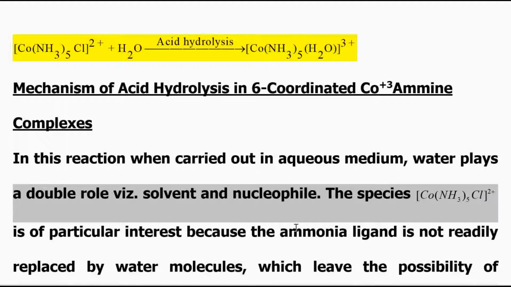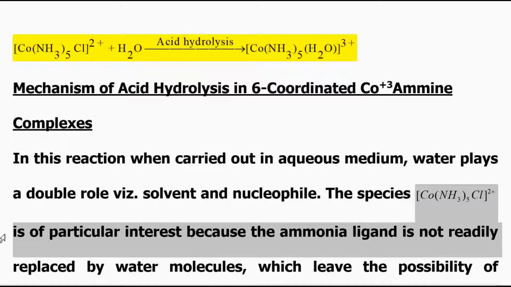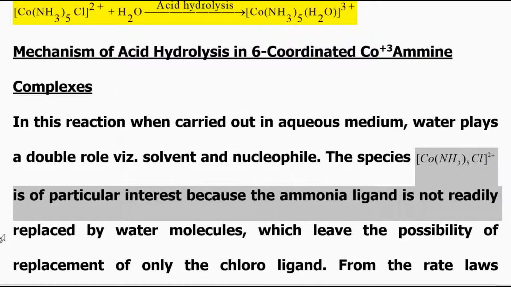Now, why do we always select this Co(NH3)5Cl 2 plus for the examples? The main reason is that if we take ammonia as ligand, it will become a non-leaving group.